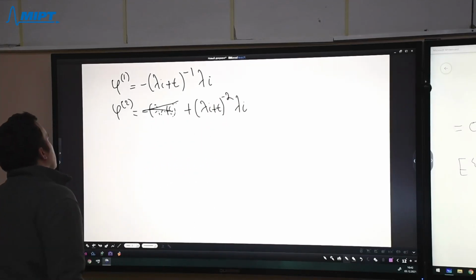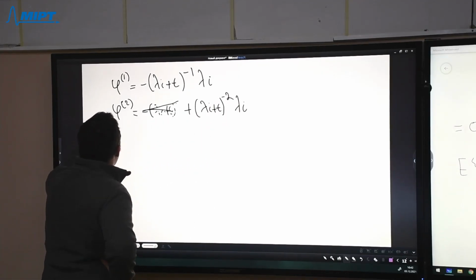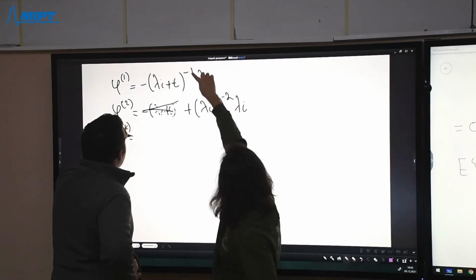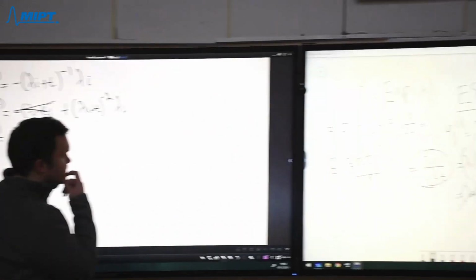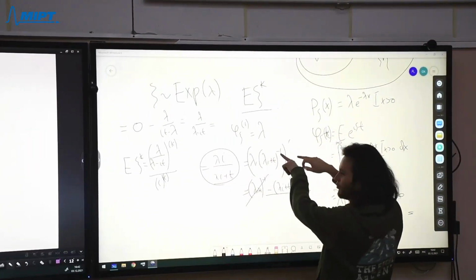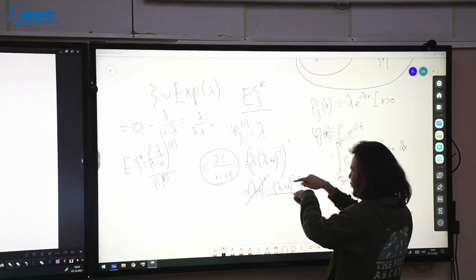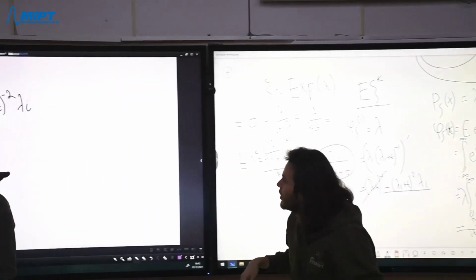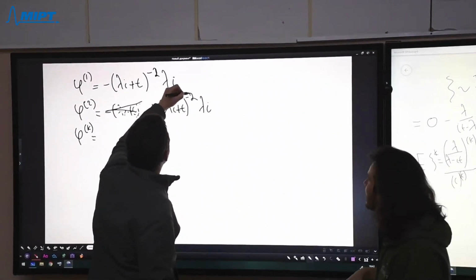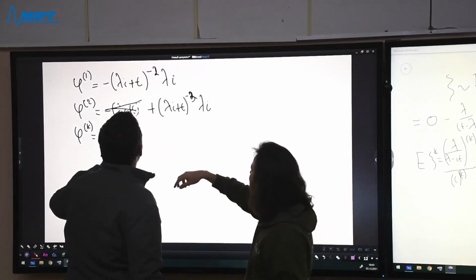Okay. Now, in general, look, we get the following. So we can write the formula. By the way, here it is minus 2, because you have minus 1, then you have minus 1 again. Look, you forgot about this is 2, right? So here's 3 then.